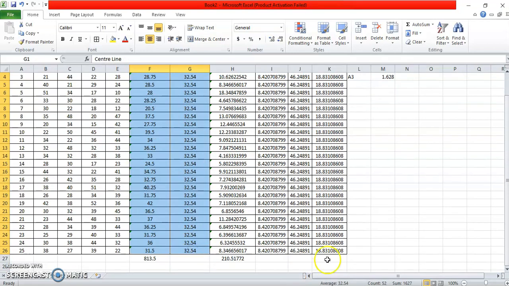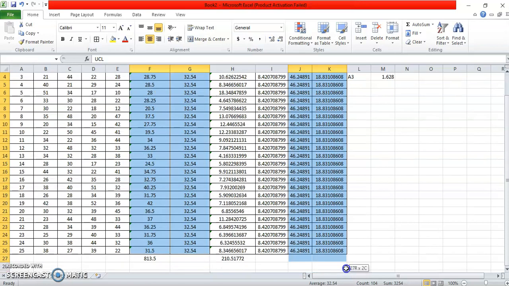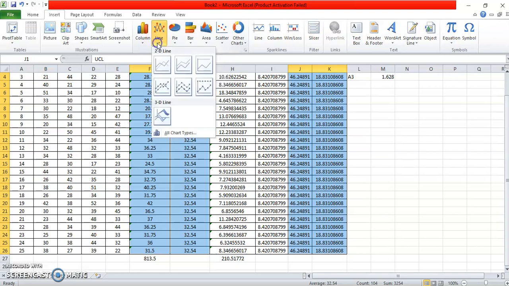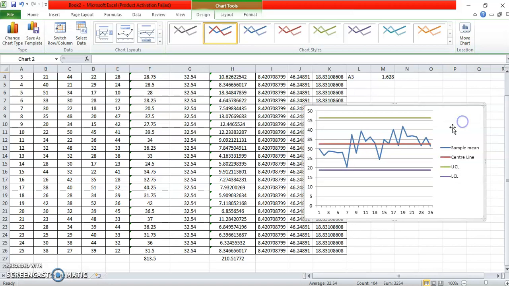Then we'll use the values for your upper control and lower control limits, right? With the help of these 4 values, we just have to insert a line graph, and here comes your X bar chart.